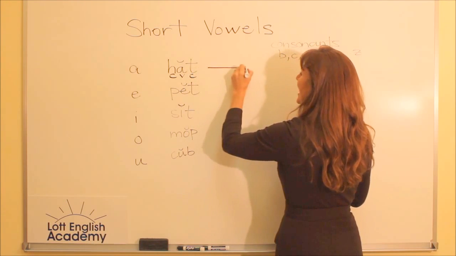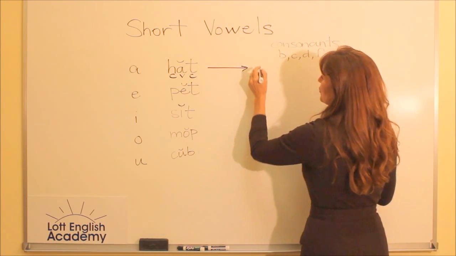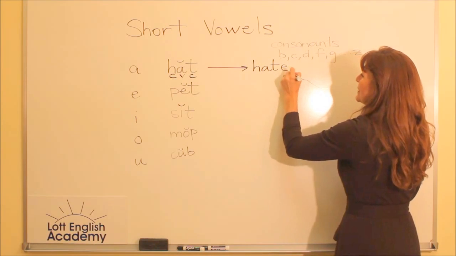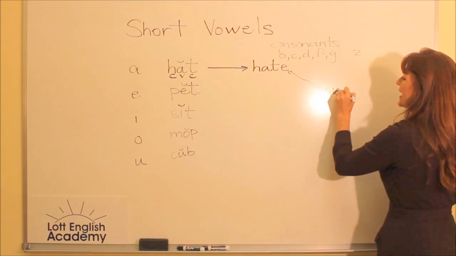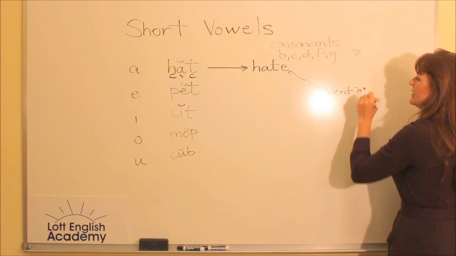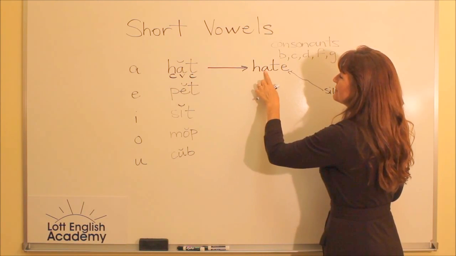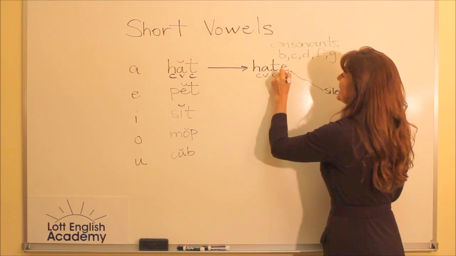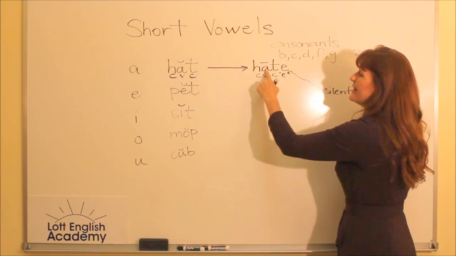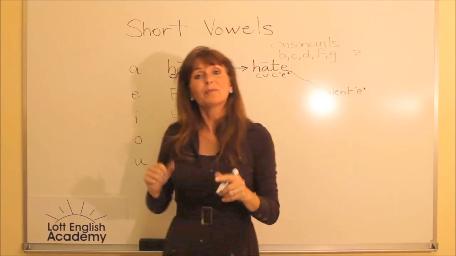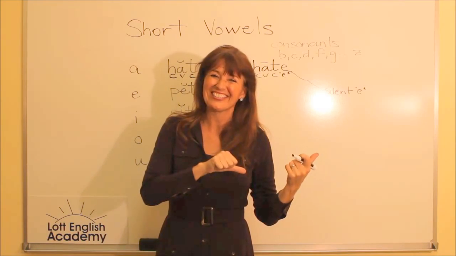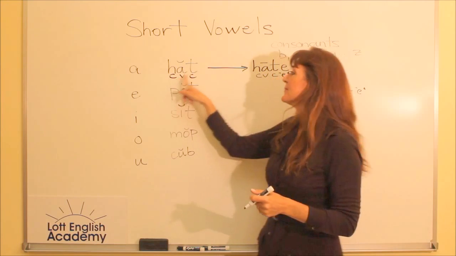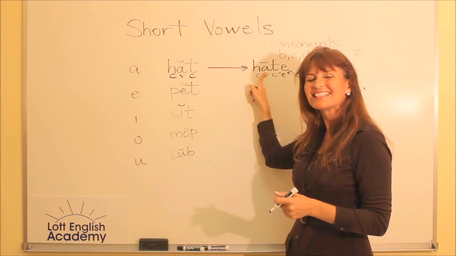But watch what happens if I change over here and add this E. Remember, we're going to call this the silent E. If I have consonant, vowel, consonant plus silent E, this A changes from a short sound to a long sound, okay? So hat changes to hate.